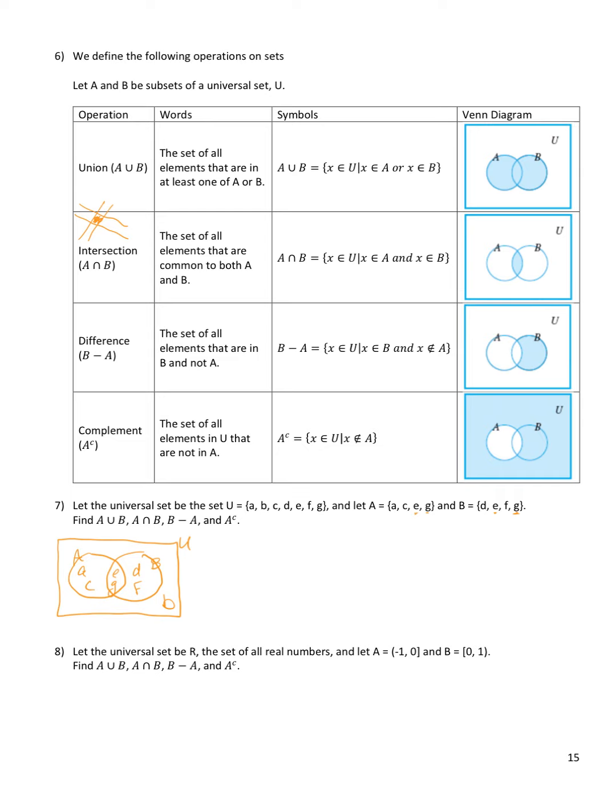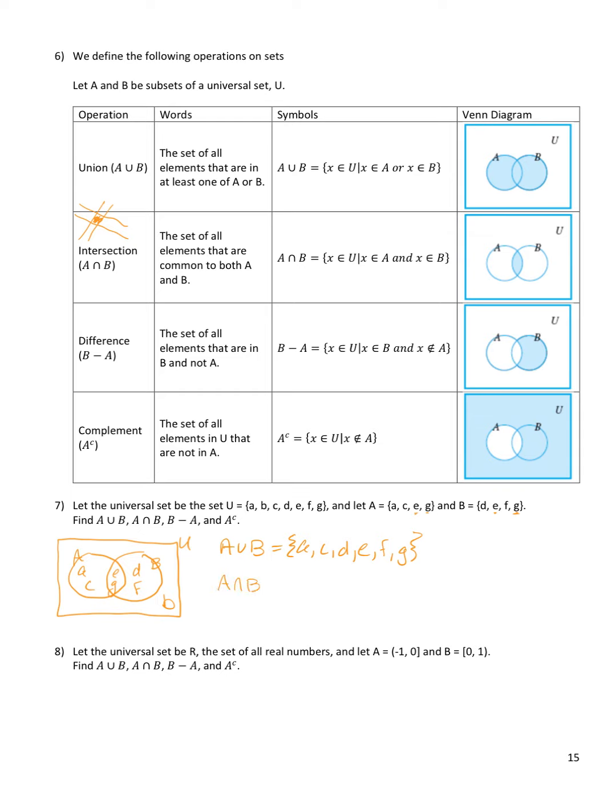Okay, so now let's figure out what's in the union. A union B is just marry the two sets together. Everything that's in A or B would be A, C, D, E, F, and G. Again, they don't have to be in any particular order. I was just doing alphabetical because that's what I'm used to.